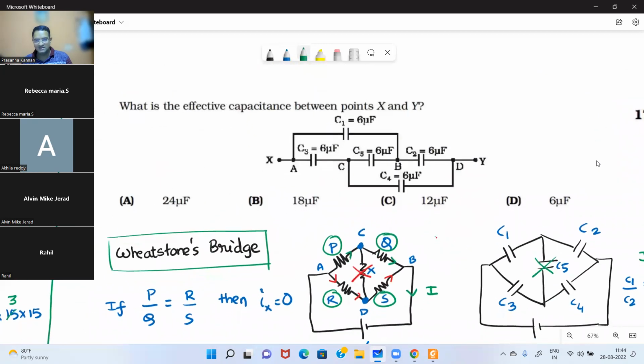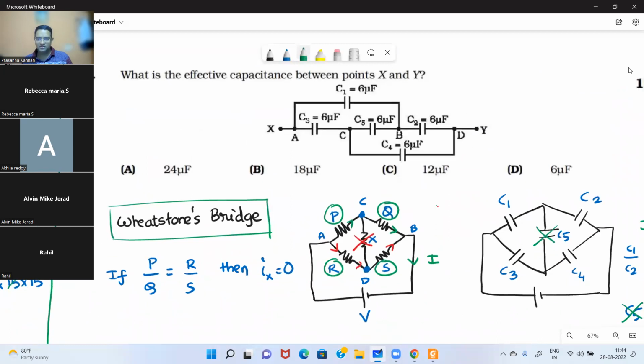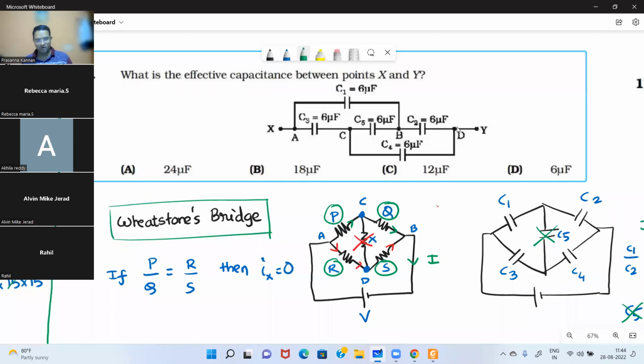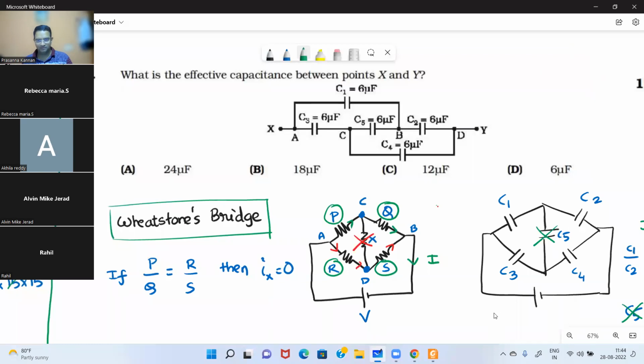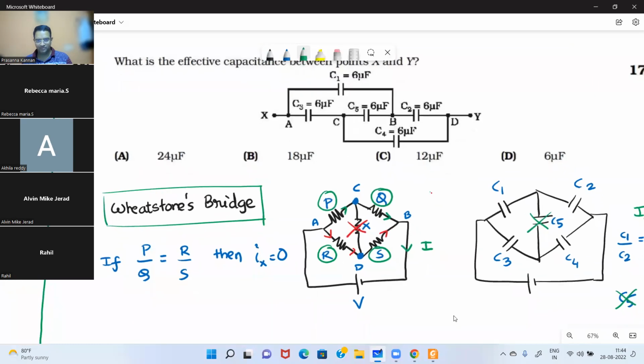If you carefully analyze, this represents a Wheatstone's network. How do I say that? Let's see. Let's first write down all the points which are there here. What are the points here?